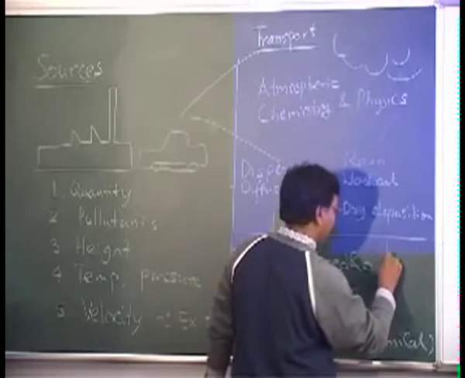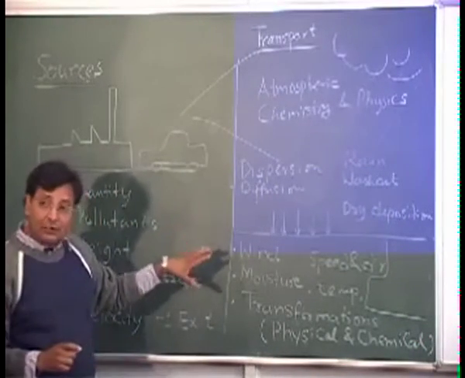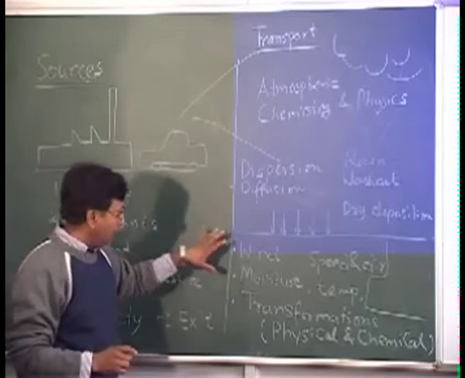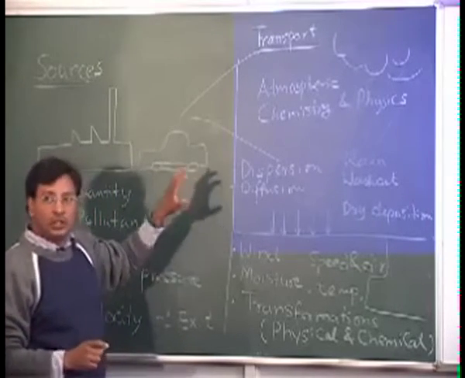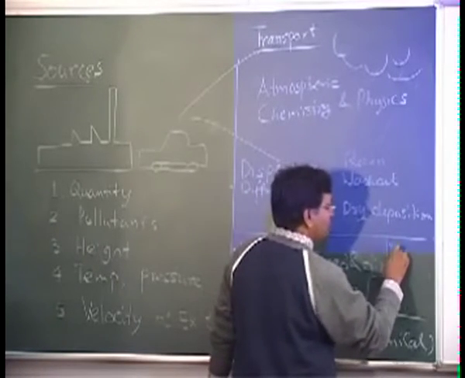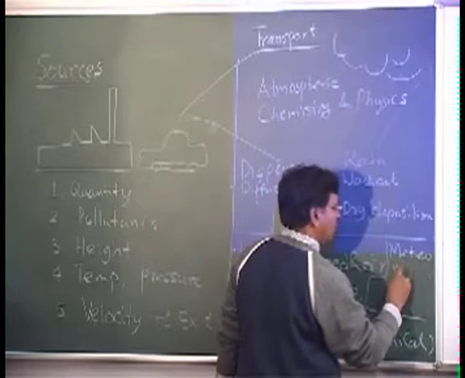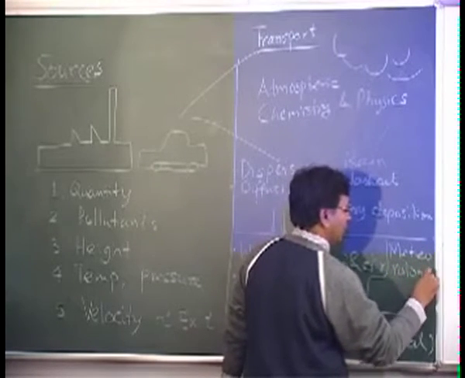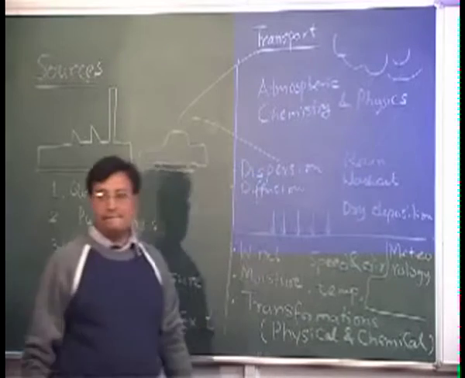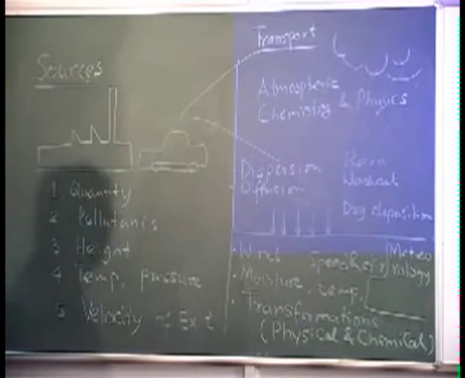So we should not forget the general terminology of the atmosphere, which is dealing with wind speed, wind direction, the pressure, the cloud formation and things like that. That's what is meteorology. T-O-R-O-L-O-G-Y.